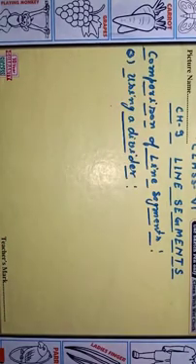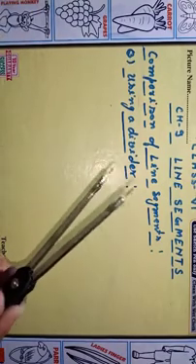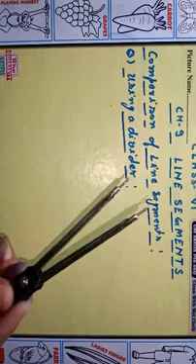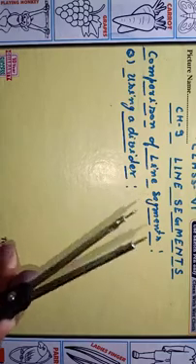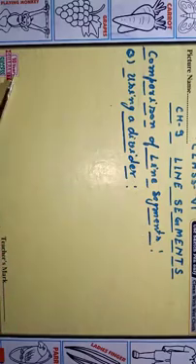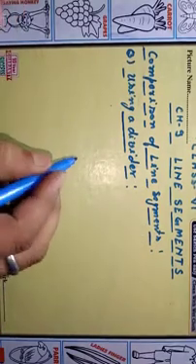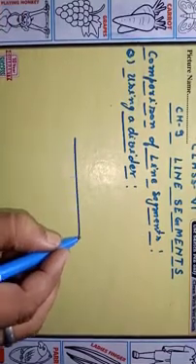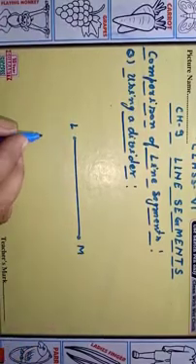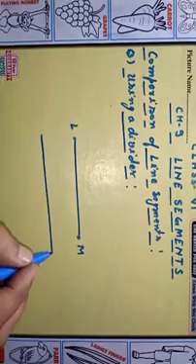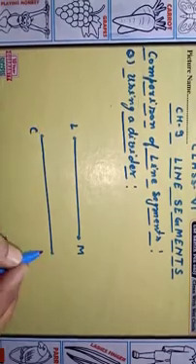Third, by using a divider. Do you know a divider? This instrument is called a divider, by which we measure the two line segments. Suppose a line segment LM and a second line segment CD.